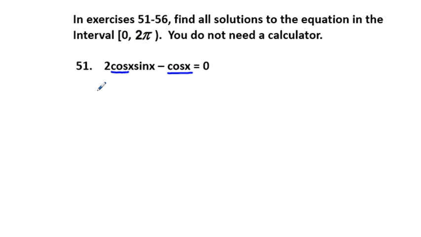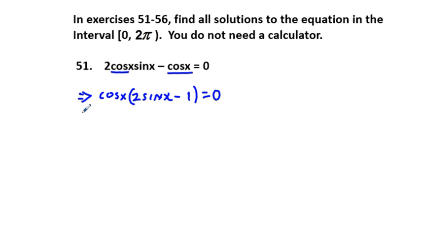So we can rewrite this equation as cosine x times the quantity 2 sine x, and what times cosine x equals negative cosine x? Well, that's going to be minus 1. And that is all equal to 0.